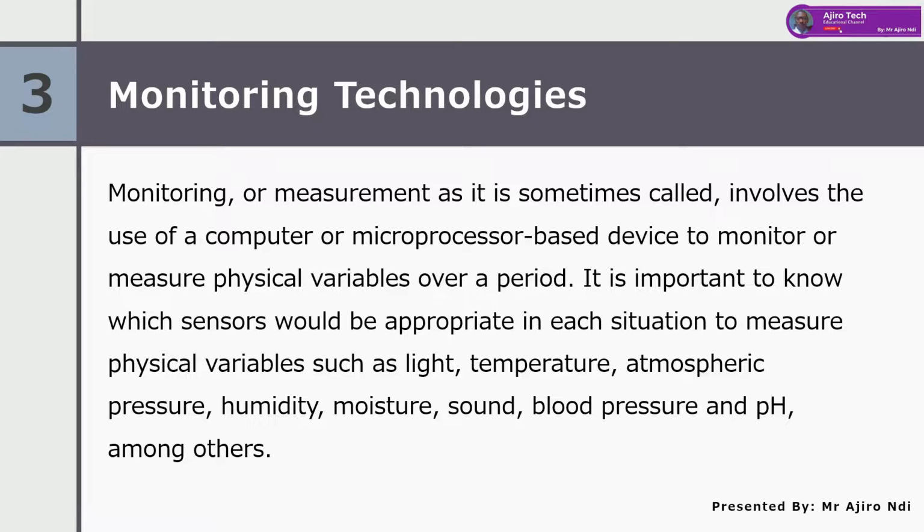This is where it gets a little bit dicey, because the data will need to be converted using what we call the analog to digital converter, ADC. The whole essence of this is so that the computer can understand the data being sent and be able to process it. I don't know if I'm actually communicating right now.